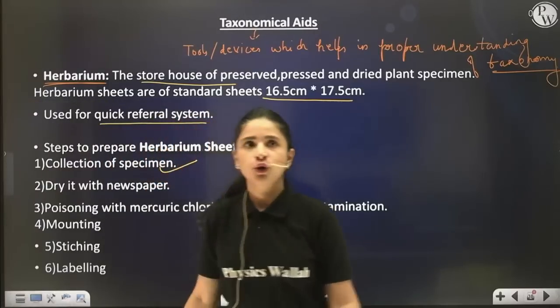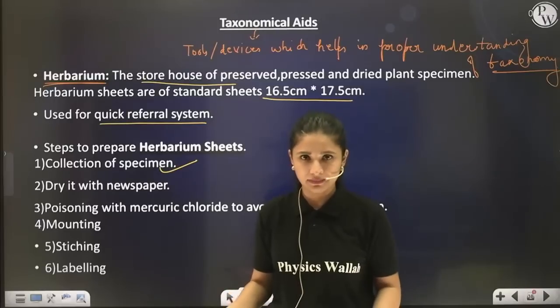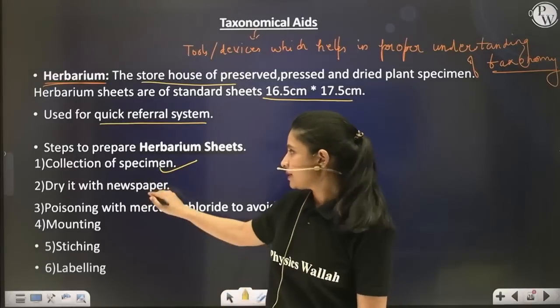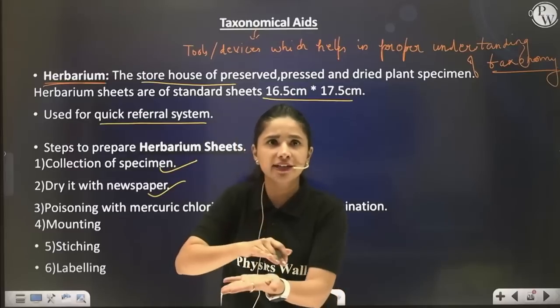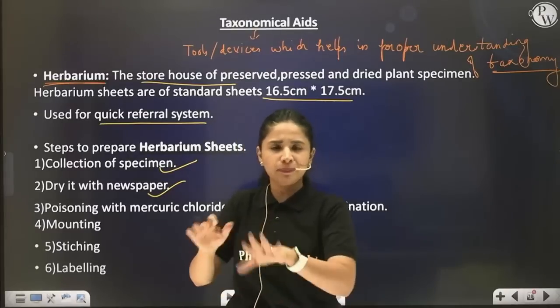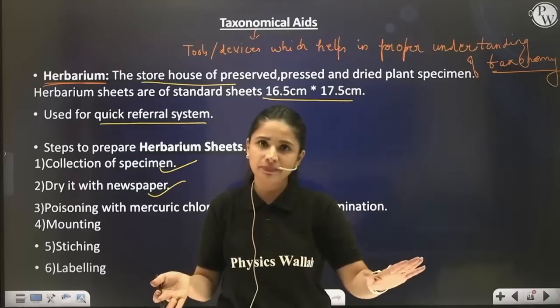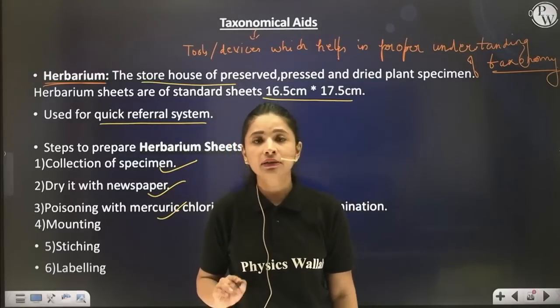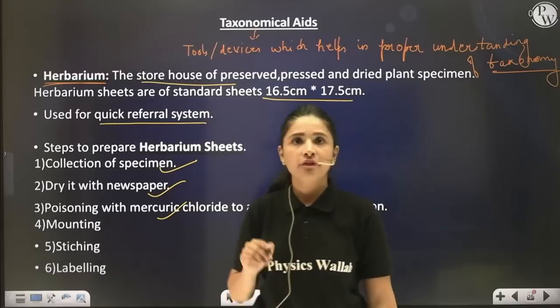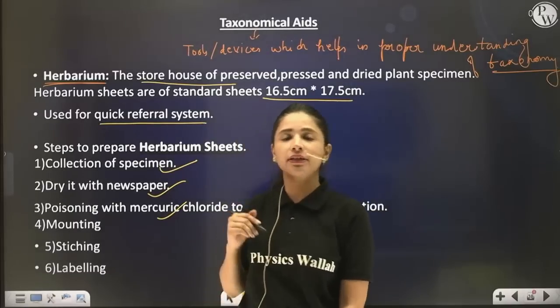First, go to the garden, collect the specimen, and bring it to your home. Second, dry it. Either keep it in a newspaper, a book, or under your bed for 3 to 4 days. The specimen is going to get dried up. Third, treat it with the chemical mercuric chloride. Why do you need to treat it with this chemical?